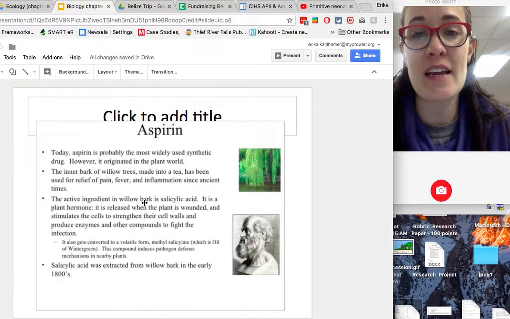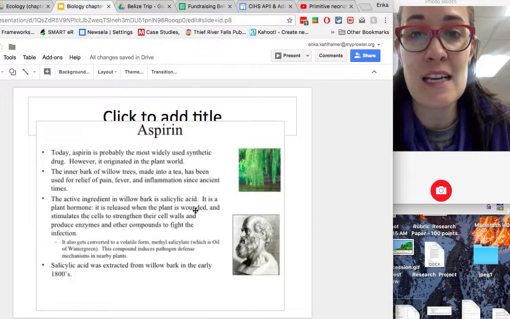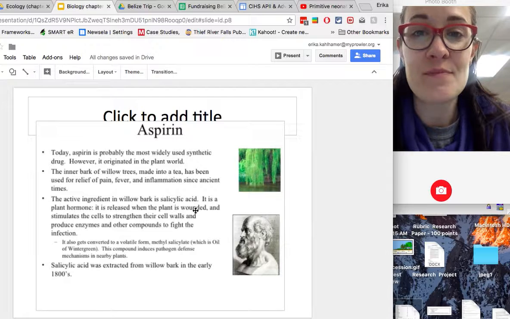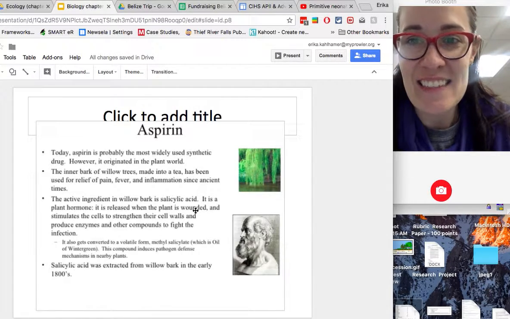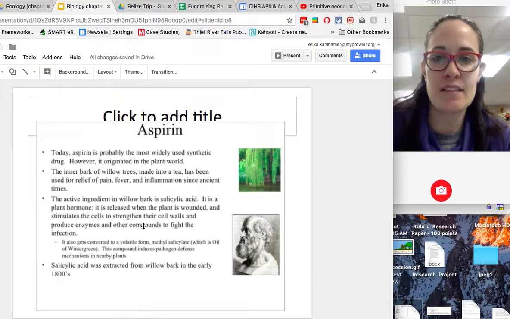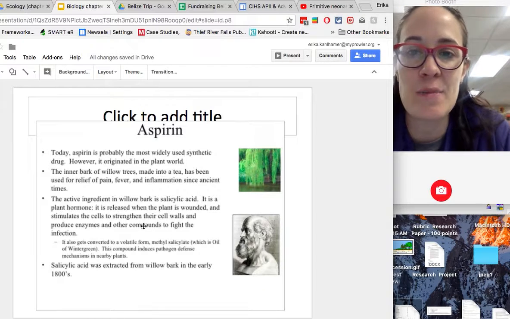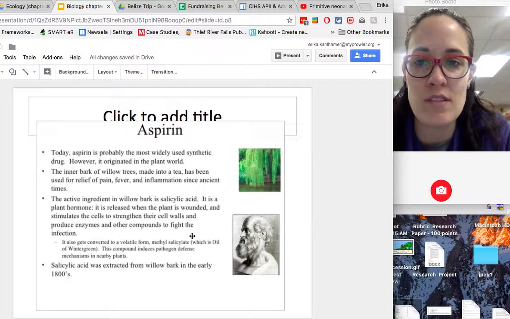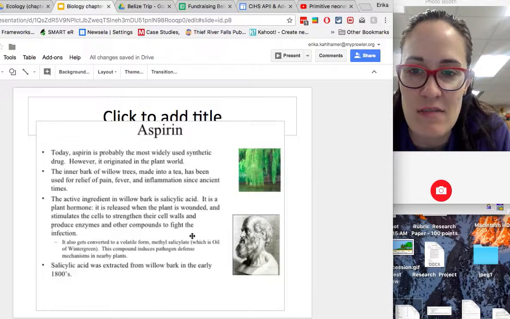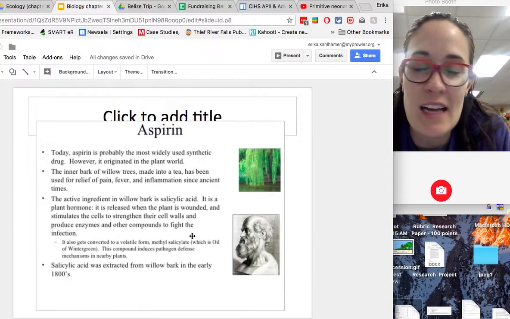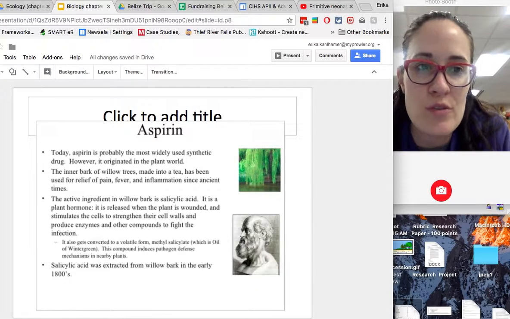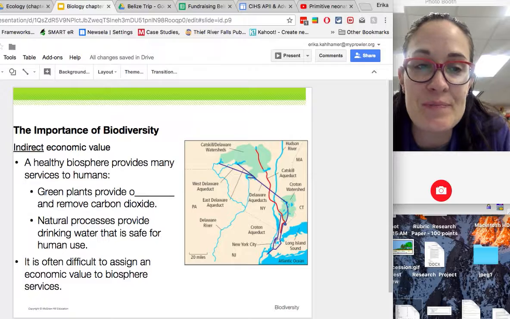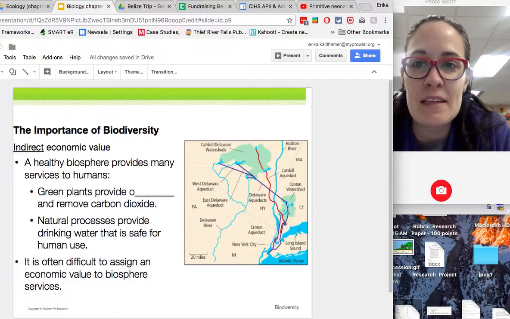The active ingredient in willow bark is salicylic acid. It's a plant hormone. It's released when the plant is wounded and stimulates the cells to strengthen their cell walls and produce enzymes and other components to fight the infection. So that is used as an active ingredient in aspirin from a willow tree. Who knew? Now you know.